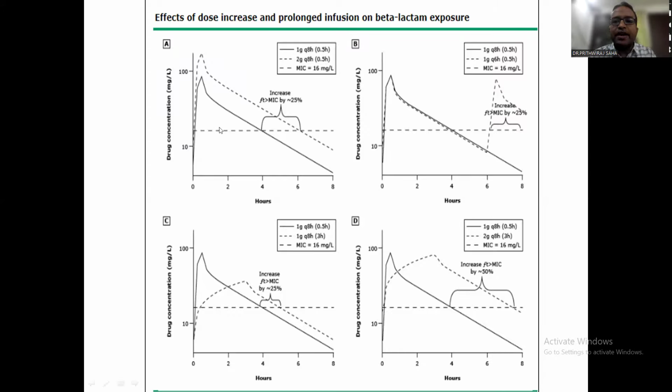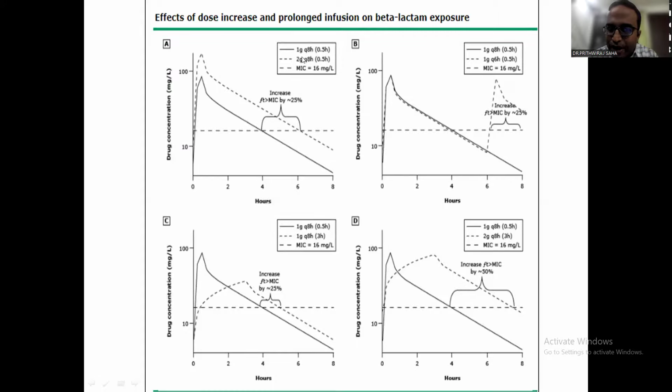So you were giving meropenem at 1 gram TDS. Now see, this is the solid black line, and you see the MIC is around 16 almost, right? So this is the MIC. You see a very small amount, this much, is the time above MIC.